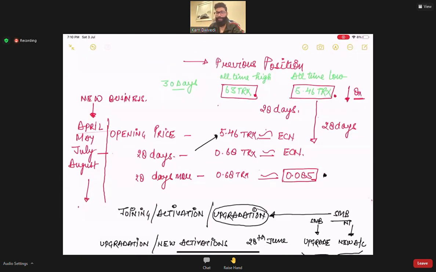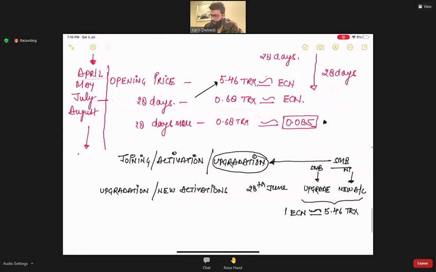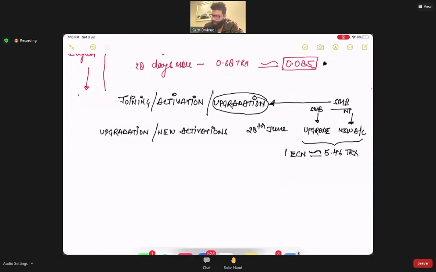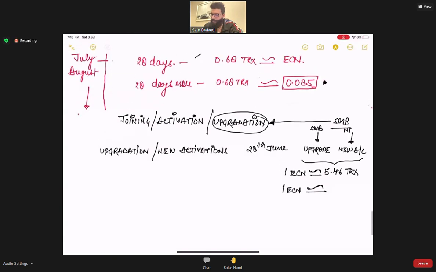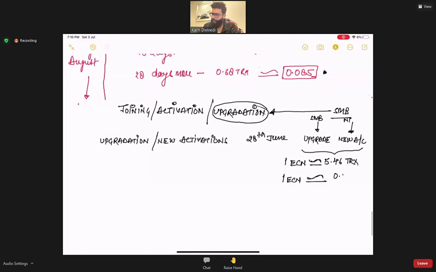We didn't increase the percentage of loss. So the worst case scenario for after 2 months, you will be sitting at one ECN, the worst case scenario is 0.085 TRX. I'm talking about 2 months. If I'll go to 3rd month, probably we don't like to see the price which will come here.